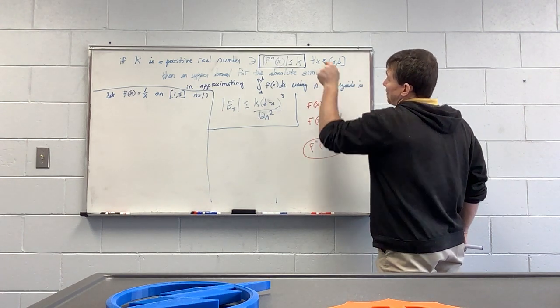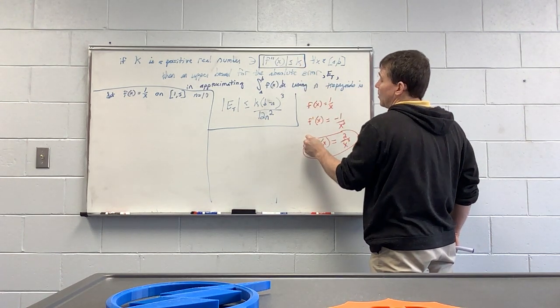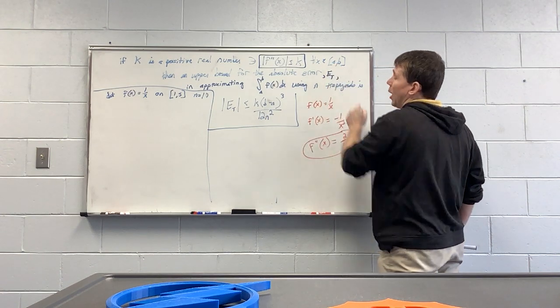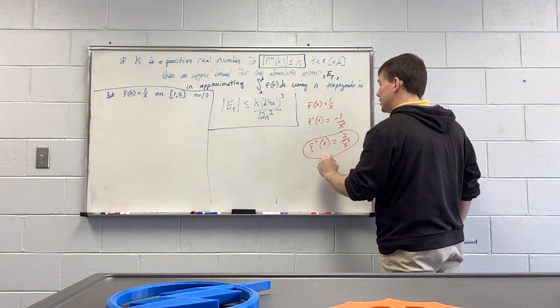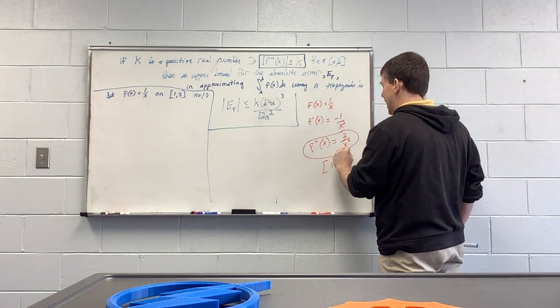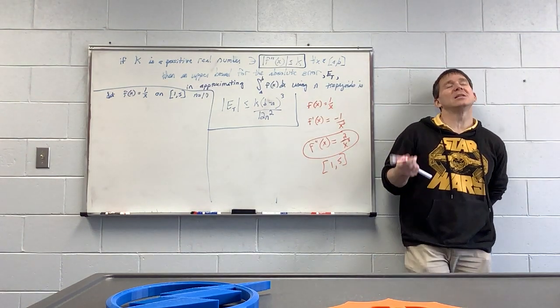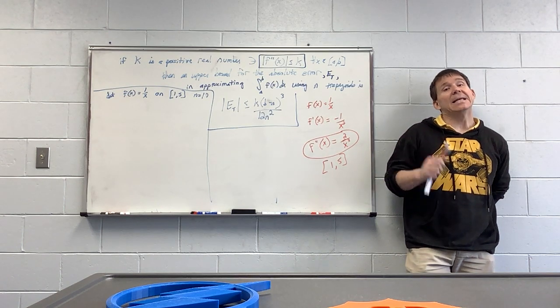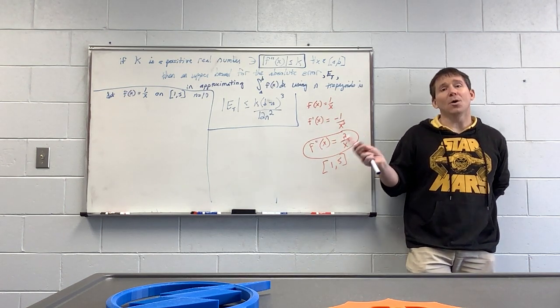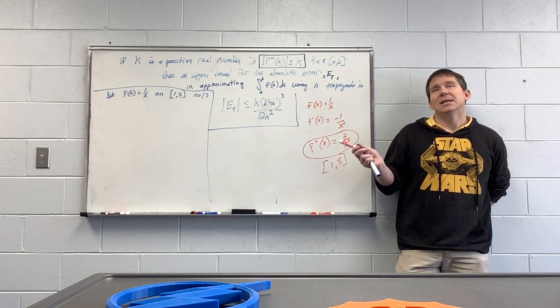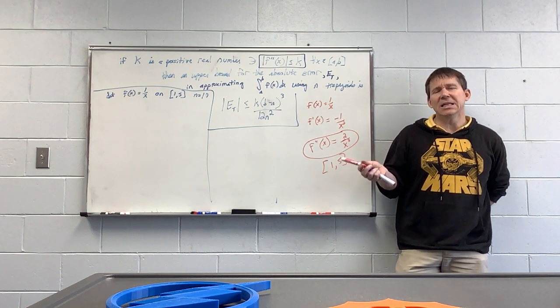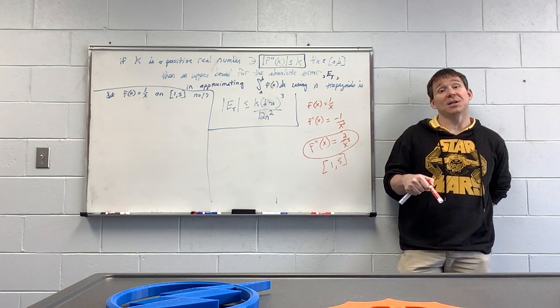Now you have to find the maximum value of this derivative on your interval a to b, which in this case is 1 to 5. And again, how you choose to do this varies based on the problem. In this case, 2 over x cubed is clearly a decreasing function.